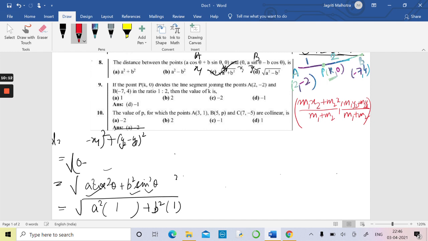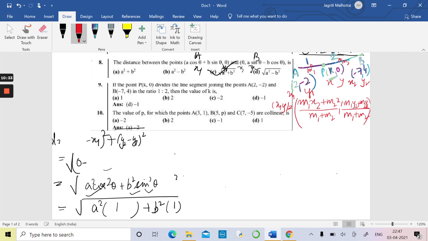Okay, here this is our x1, this is our y1, this is our x2, this is our y2. And this is x y basically, this is our x, this is our y, this is our m1 that is 1, and this is our m2 that is 2.